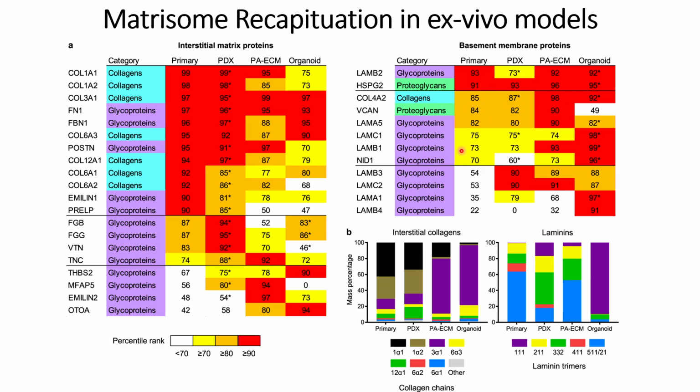That's the reason the basement membrane proteins are higher in the ex vivo models compared to the in vivo models. These things are also validated using collagen expressions, where we can see that collagen 3 expression is higher in the ex vivo models compared to the in vivo models, whereas in the in vivo models the collagen 1 expression is higher. Past literature has mentioned that at the time of tumor onset, collagen 3 is expressed initially, and afterwards collagen 1 is expressed.